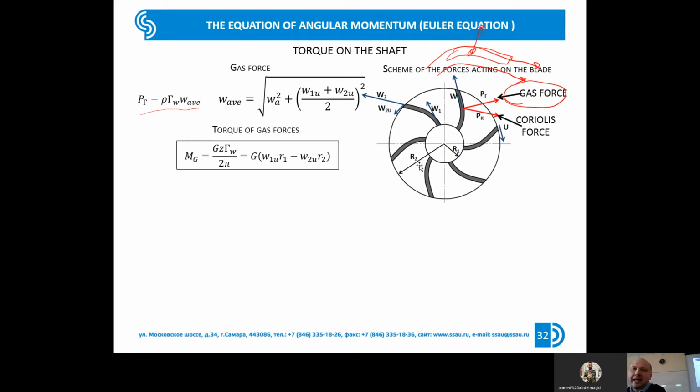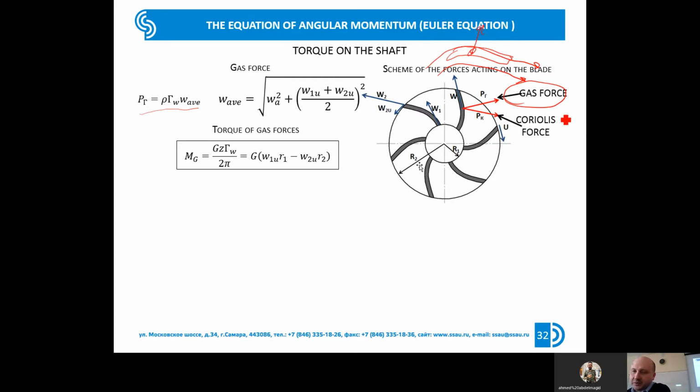We use the same relationship as for the wings to calculate the lift force of the gas forces which impact the blades. Without detailed information, we find this force, the gas force. And if we know the force and the radius, we can calculate the torque which this force creates relative to the rotational axis.